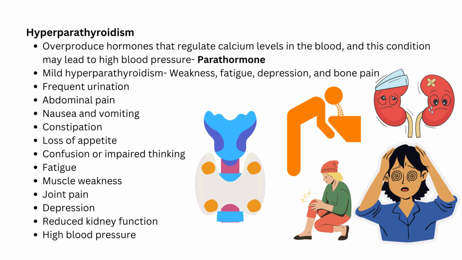If your hyperparathyroidism is more severe, you may have symptoms such as frequent urination, abdominal pain, nausea and vomiting, constipation, loss of appetite, confusion or impaired thinking, fatigue, muscle weakness, joint pain, depression. Other problems associated with severe hyperparathyroidism include reduced kidney function, which affects your kidney's ability to filter blood, and high blood pressure.